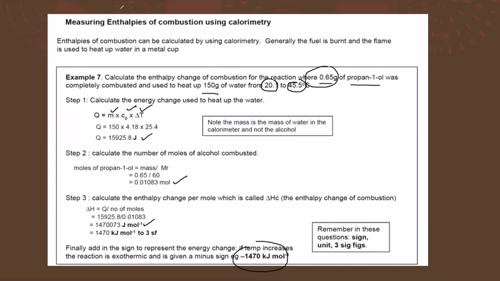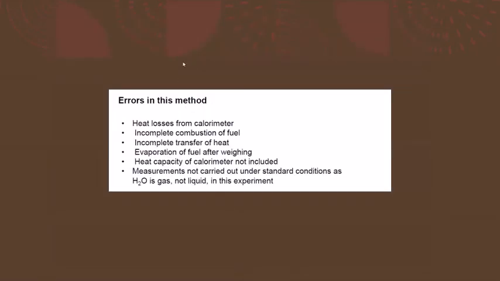Then, what are the errors in this method? What are the things which can lead to a wrong result? We have a calorimeter filled with water, and a spirit burner in which we have fuel.